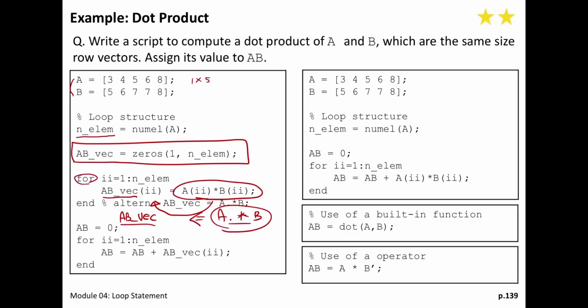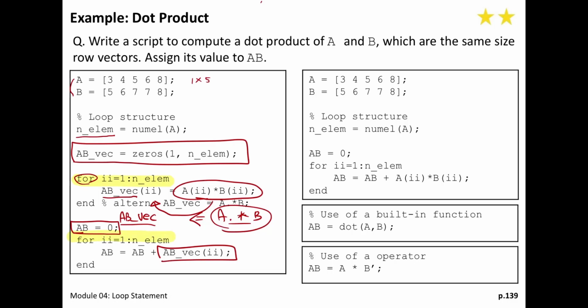And then ab is our final output. We are going to sum up all these values with the logic that we learned at the beginning of this lecture.